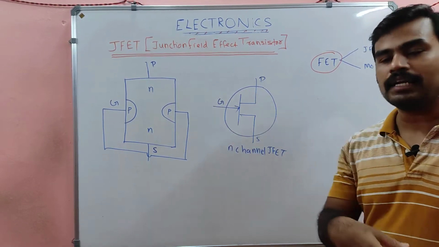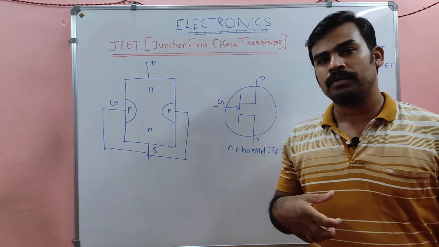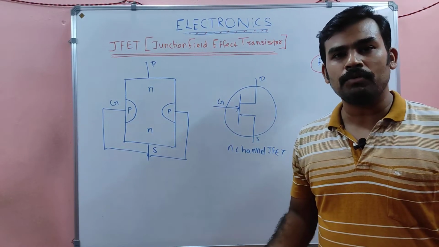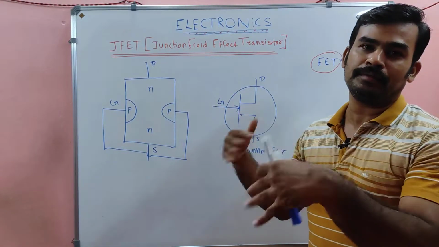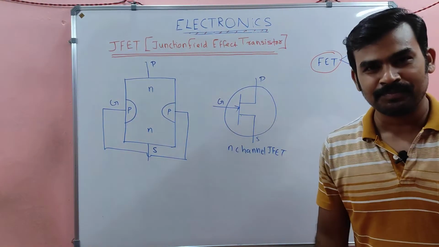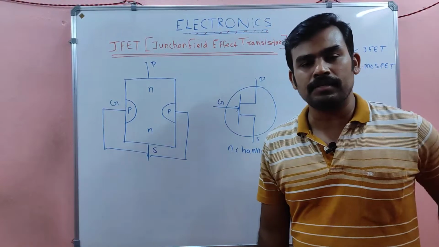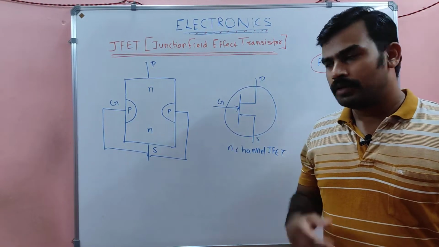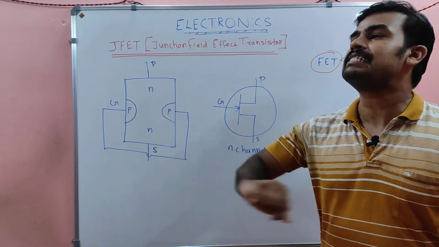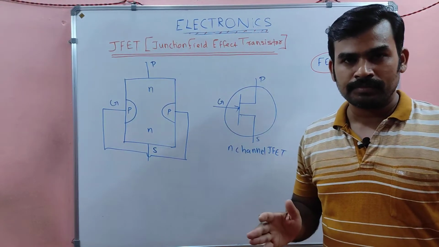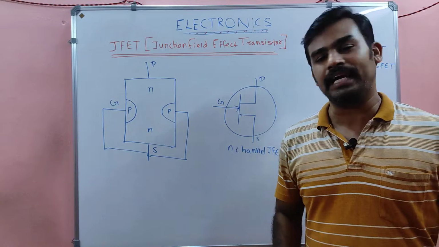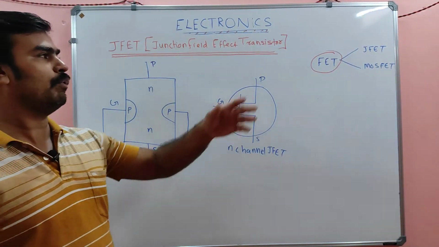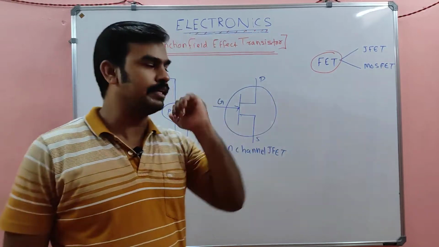Noise is normally encountered in the system when the input impedance is very low, because then the system allows everything in. A very high input impedance is like a wall; no one can easily enter. That is the main advantage of the FET compared to the BJT.